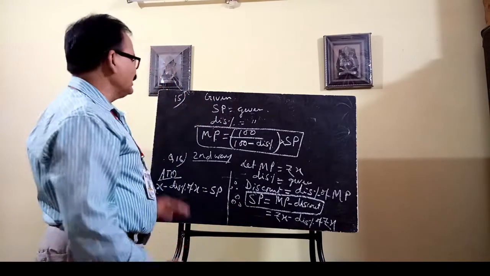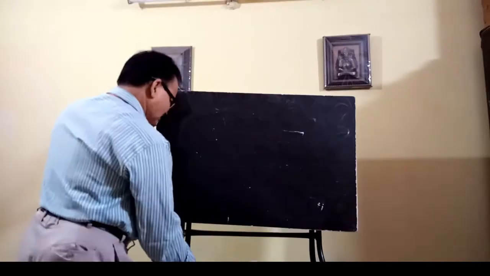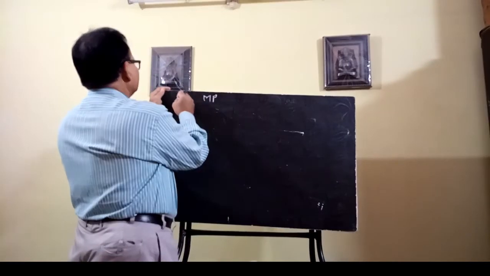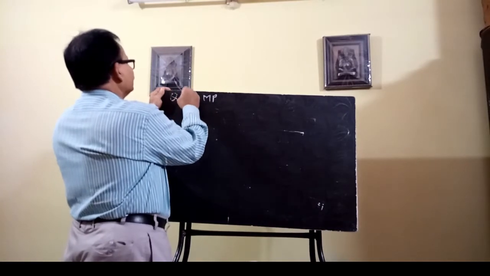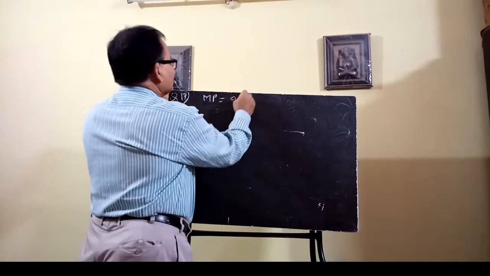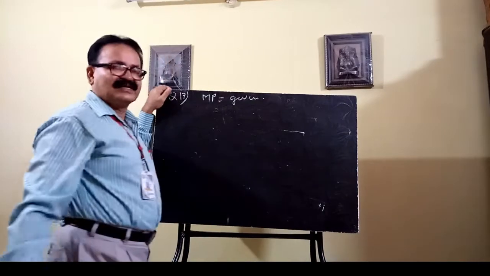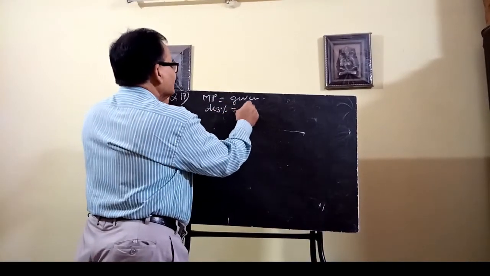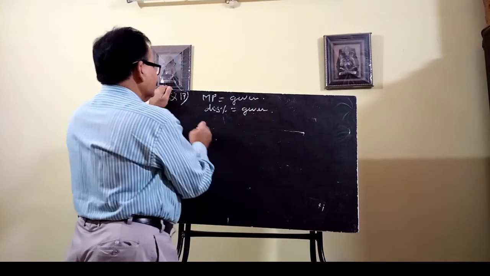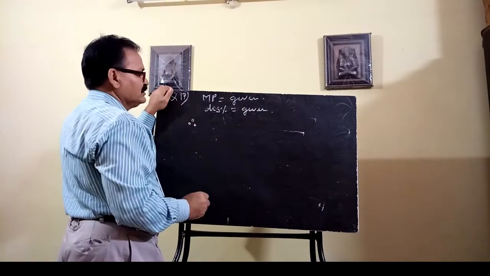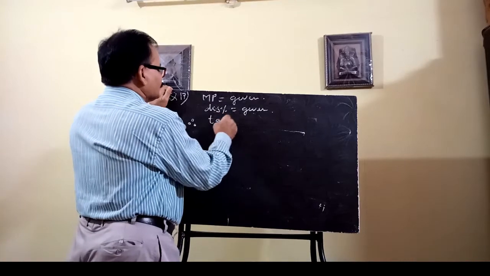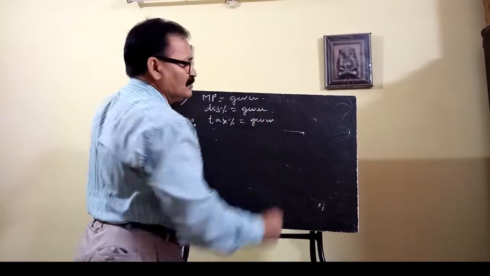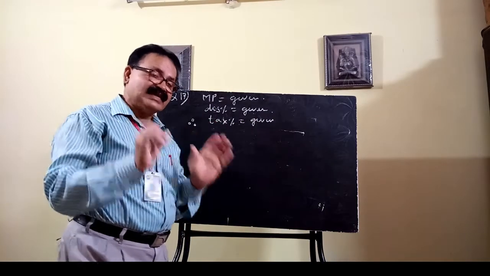For the next formula I have to remove it. Okay, suppose MP is given, that is formula number 17. Suppose the mark price is given, discount percent is given, and tax percent is also given. You have to find out SP with tax.